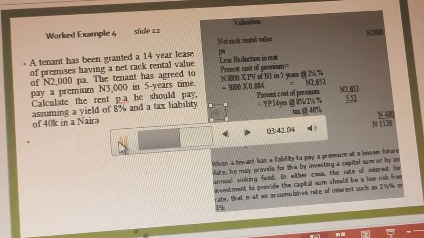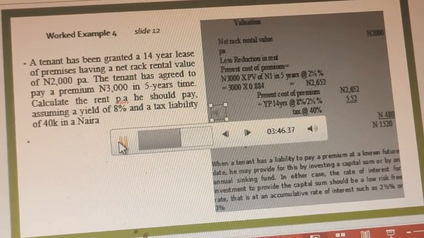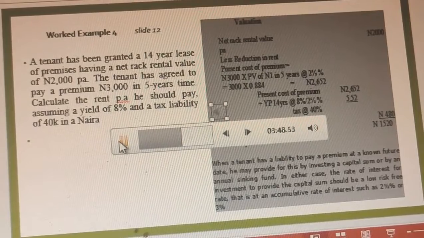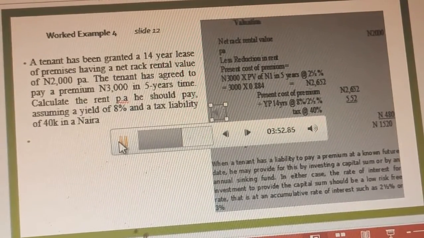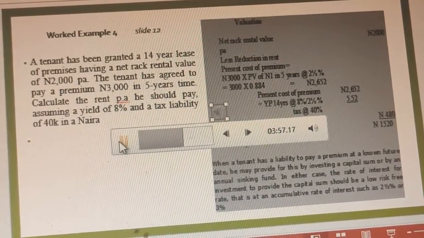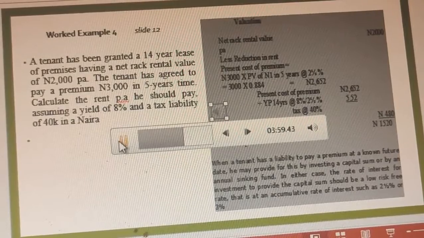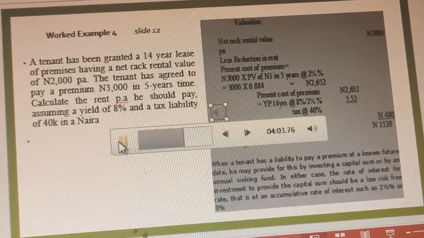Tax at 40%, as the question says 40 kobo in a naira. Now you get the annual equivalent. You now deduct the annual equivalent from the net rack rental value to get what rent he should pay now.